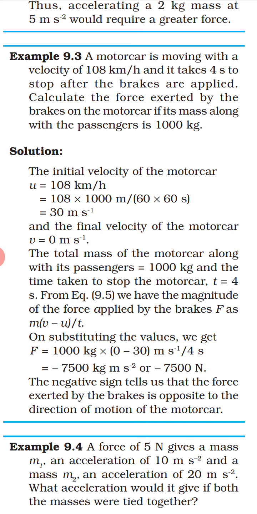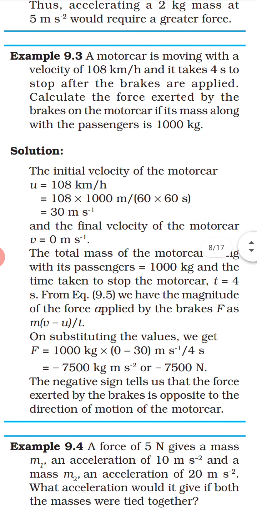Now F, what will be the formula? F is equal to m times (v minus u) upon t. Now on substituting the values we will get minus 7500 Newton. The negative sign, what is it telling?